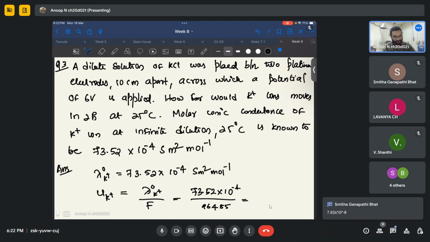What will be the answer? It will be 7.62 into 10 raised to minus 8. Unit is meter square, volt raised to minus 1, second raised to minus 1. So that part is done.